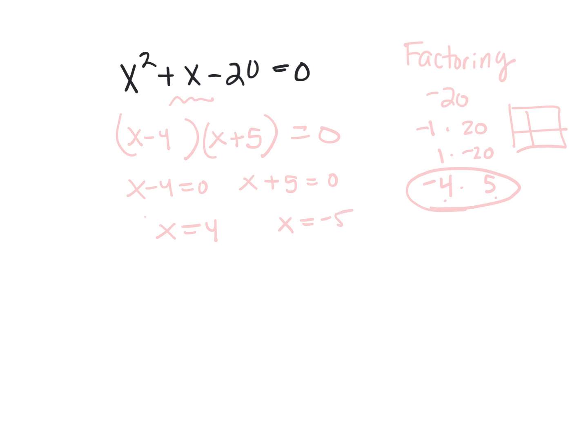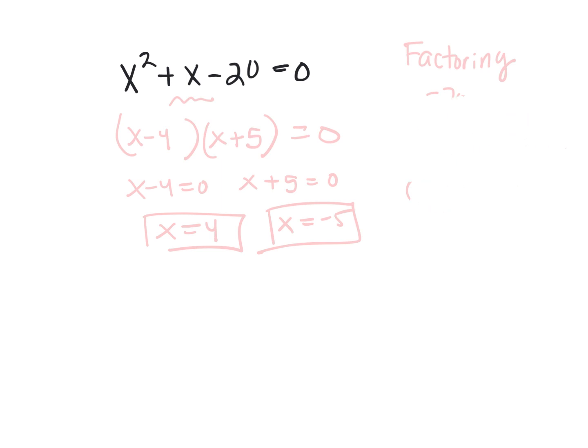Okay. Now, I want to show you that, let's say that you forgot about factoring, or you looked at it and said, nah, I'm not real sure if it factors. I'm immediately just going to go and try the quadratic formula. And so that would mean that A is 1, B is 1, and C is negative 20.